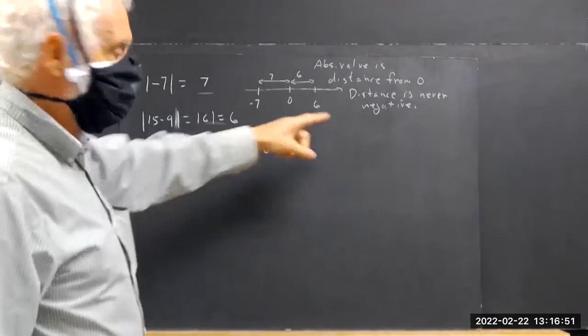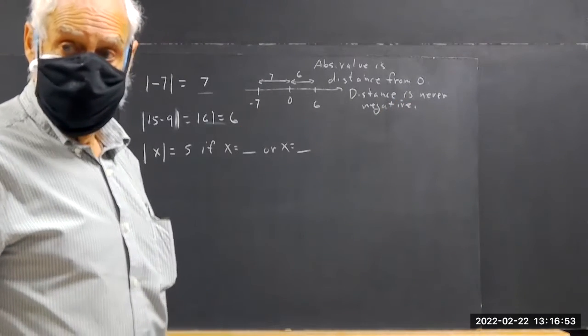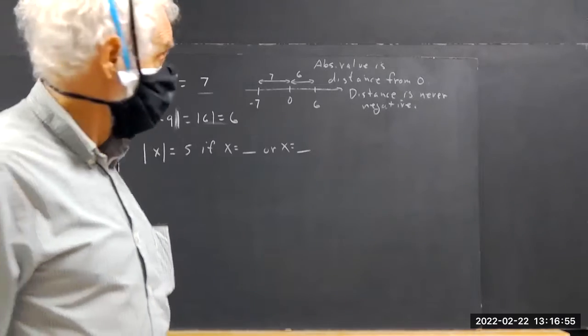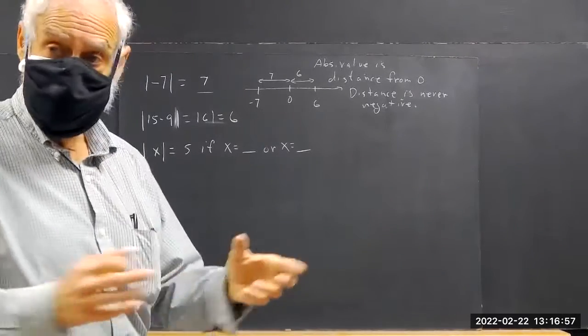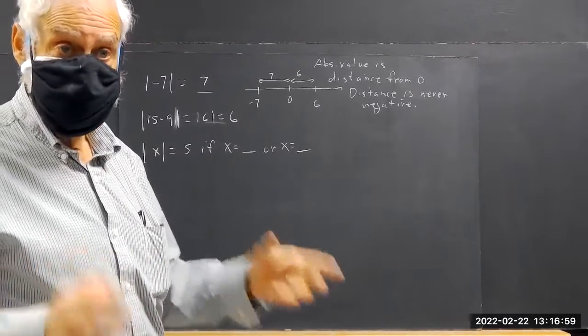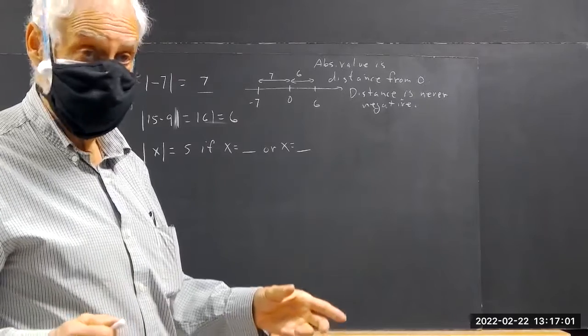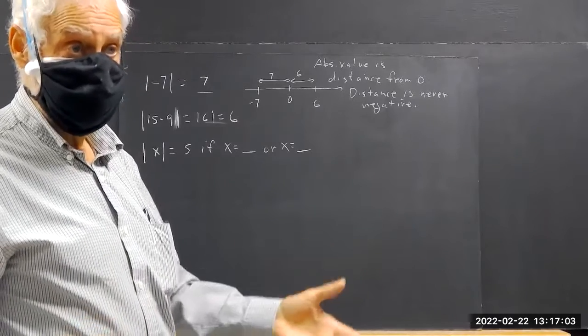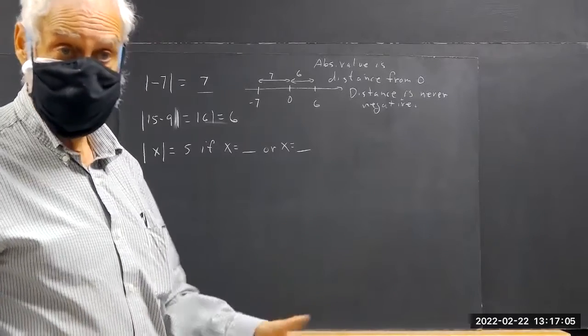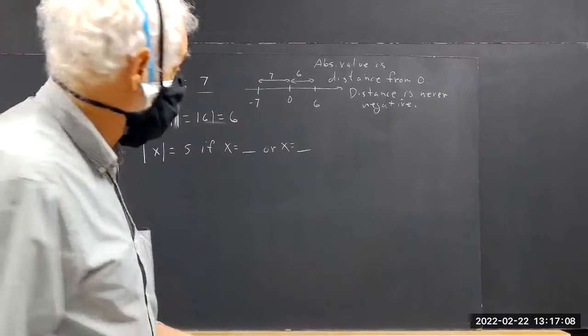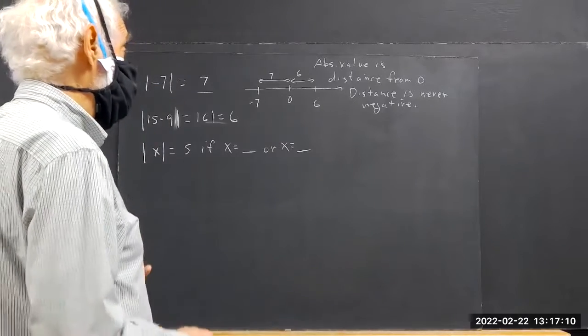Distance from 0. Distance is never negative, it's either positive or 0. The distance from -7 to -7 is 0, right? So distance is never negative.